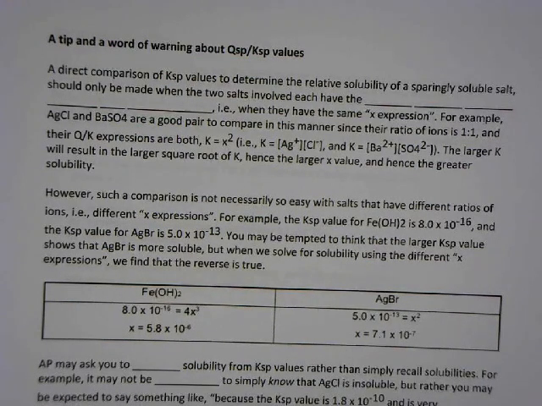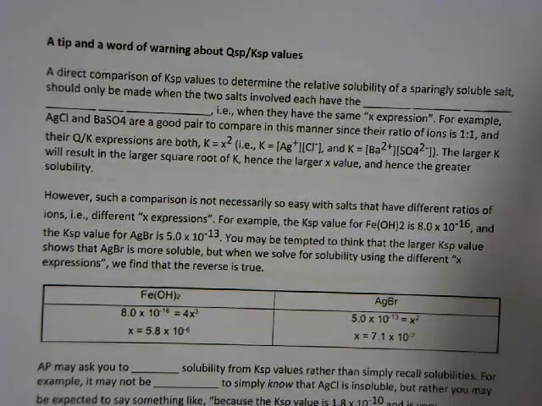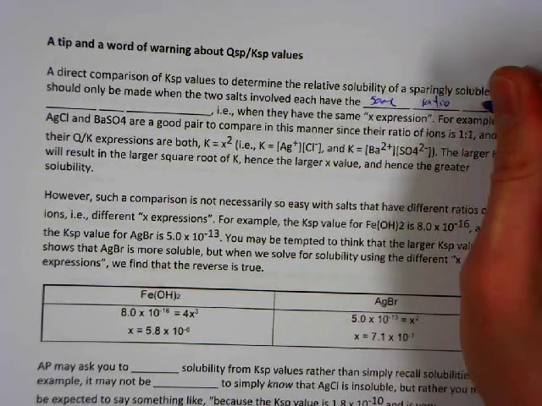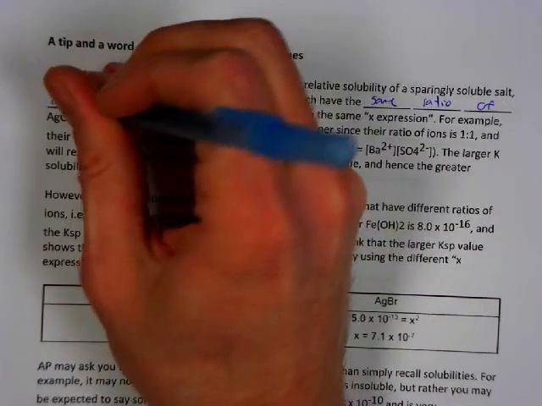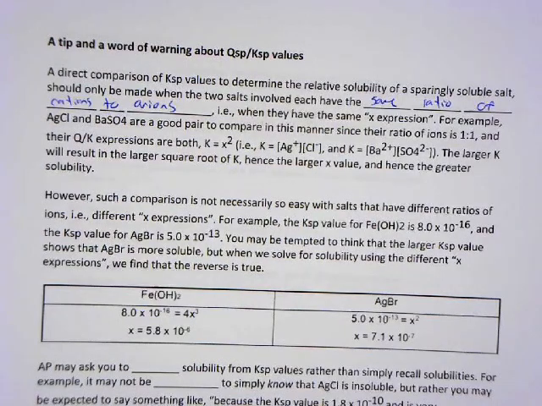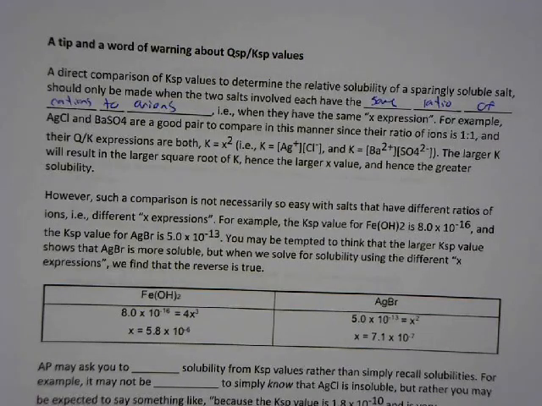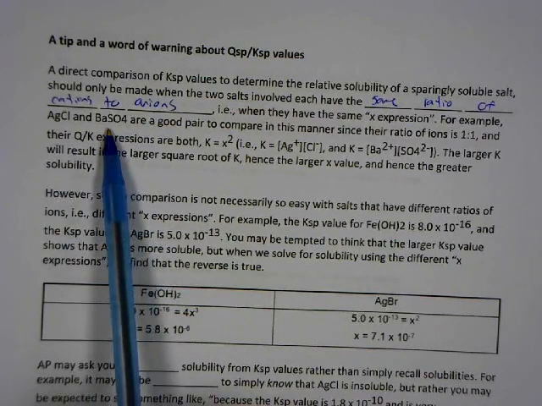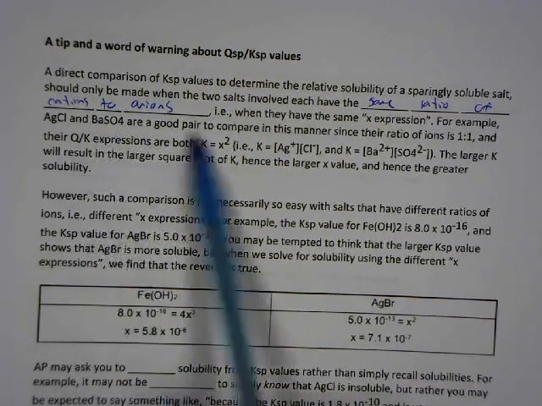A direct comparison of KSP values to determine the relative solubility of a sparingly soluble salt should only be made when the two salts involved have the same ratio of cations to anions, or when they both are equal to x.